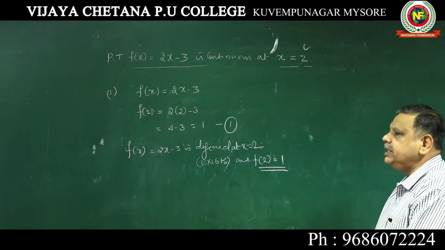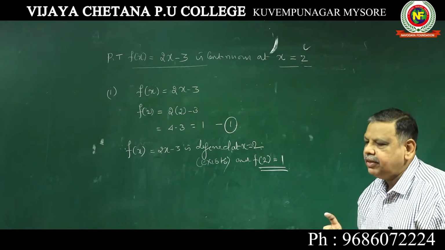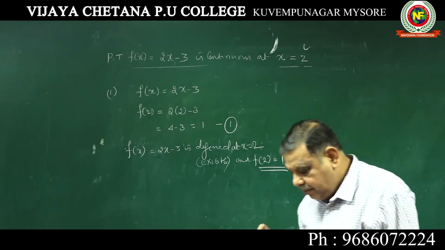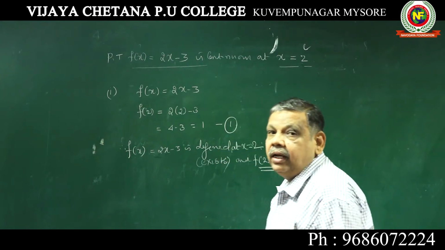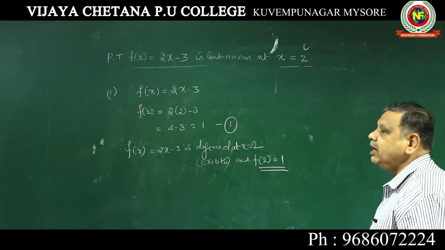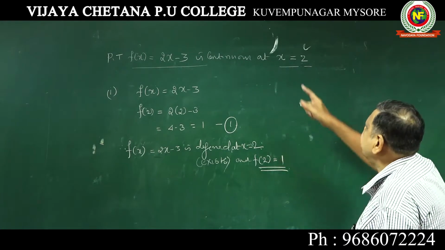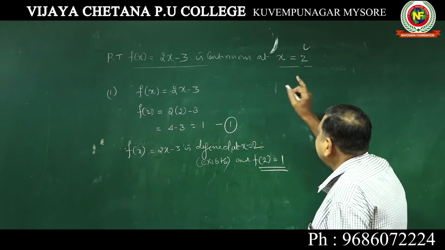I told you, in the second condition we have to check the limit as x tends to c of f of x. As I said, we need not go for the left hand limit and right hand limit. That is understood, that both exist and the limit value is there, in such type of problem.